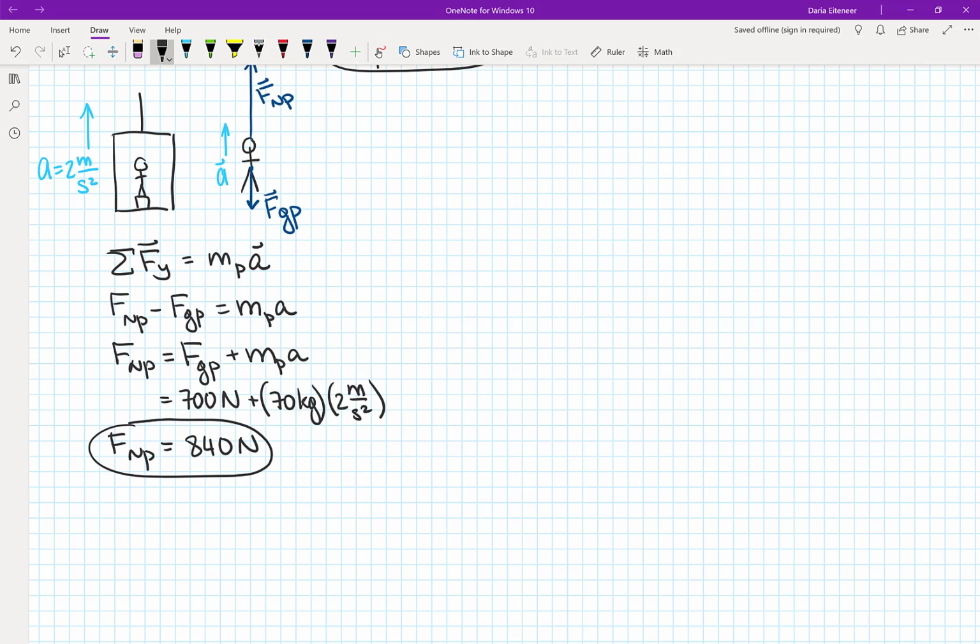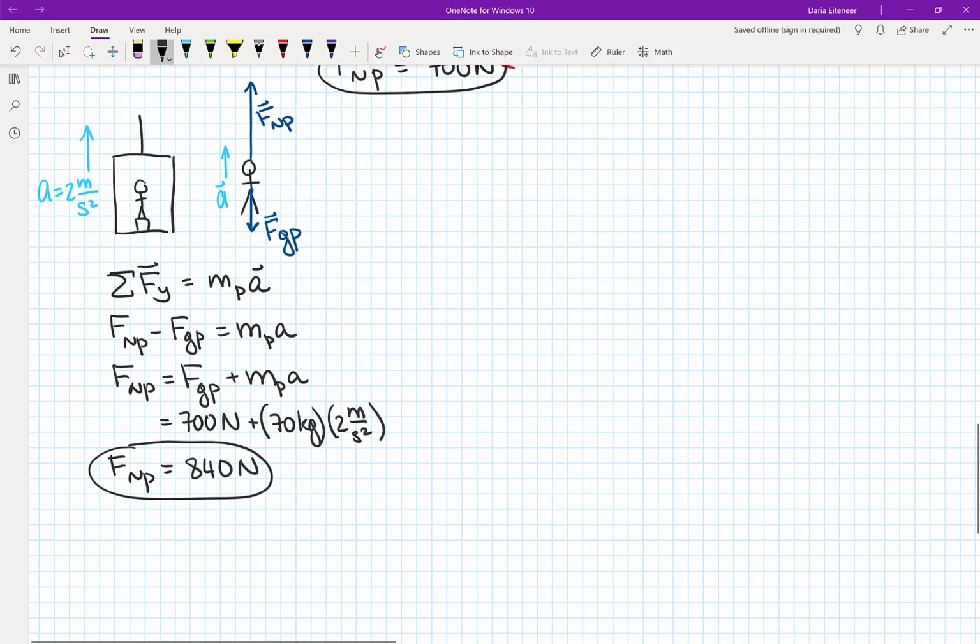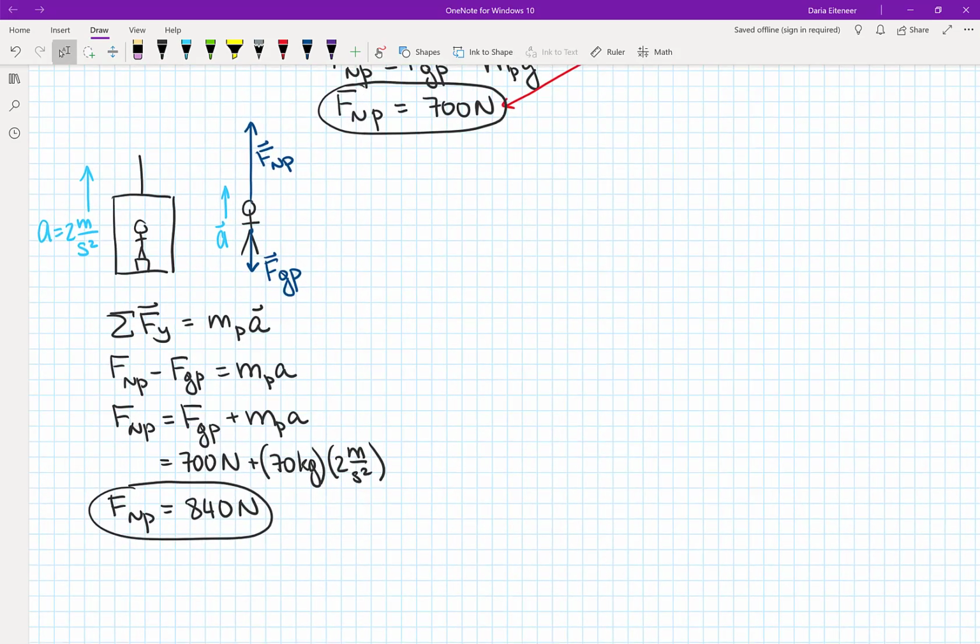Oh, that's interesting. So the person is standing on the scale, and the scale now shows 840 newtons. In comparison to the previous reading of 700 newtons. Huh. Now remember that FNP is our apparent weight effectively. So when this person stands on the scale and the scale says 840 newtons, the person goes, oh, I gained weight.